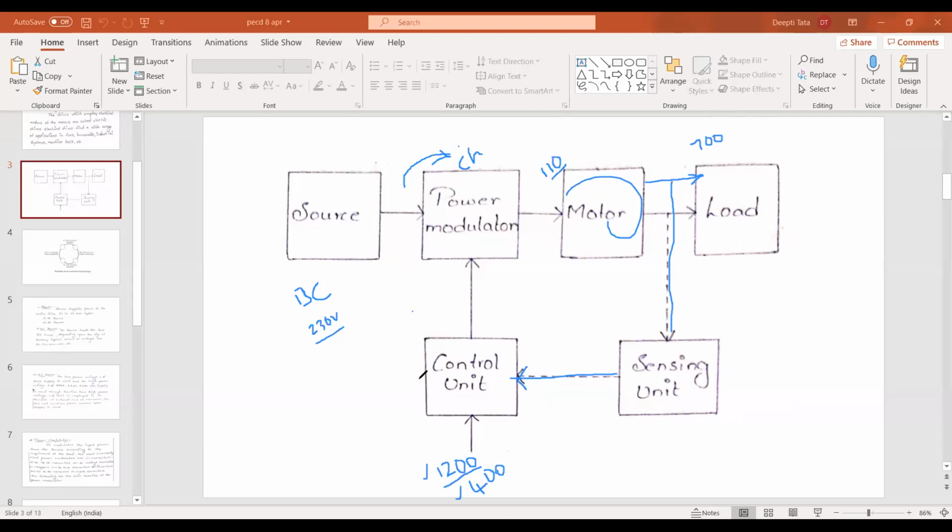So the control unit measures the difference between the reference signal and the existing signal, and it will increase or decrease the power modulator level according to the motor's internal specification changes. And in spite of that, you can vary the firing angle or duty cycle. Listen carefully. By varying the duty cycle also, you can vary the output parameter. Is it right or not?